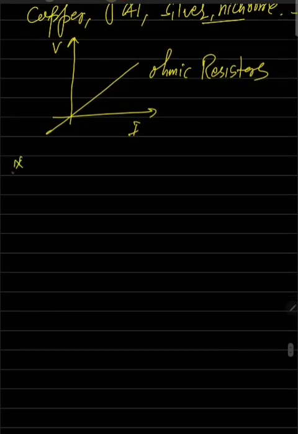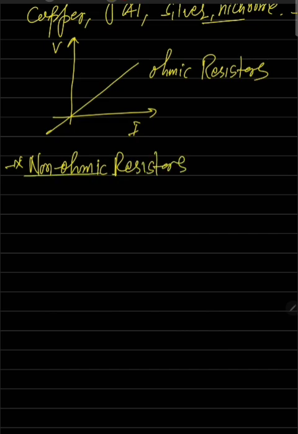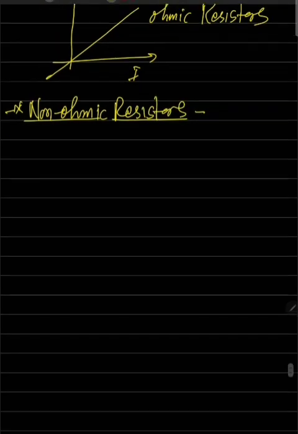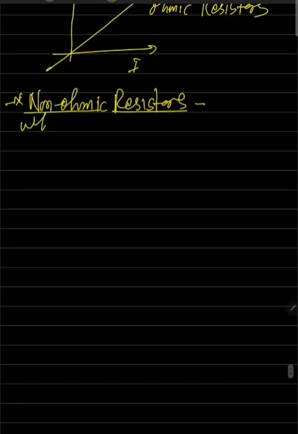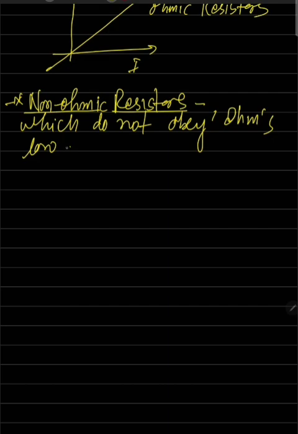Now what are non-ohmic resistors? A non-ohmic resistor is a resistor which does not obey Ohm's law. That type of resistor is called a non-ohmic resistor.